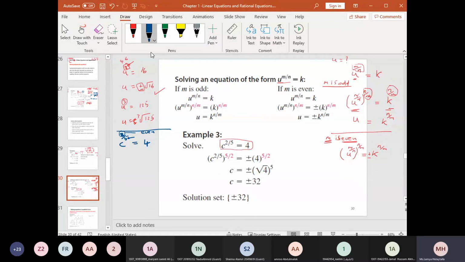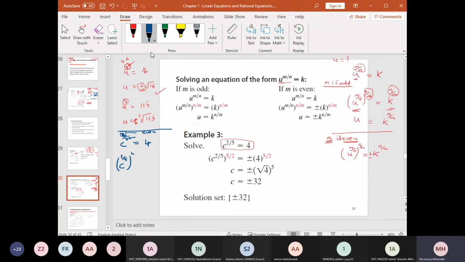That means I will have plus or minus. So what we do: C to the power 2 over 5, all raised to the power 5 over 2. So this is equal to 4 raised to the power 5 over 2 only? No, don't forget plus or minus.